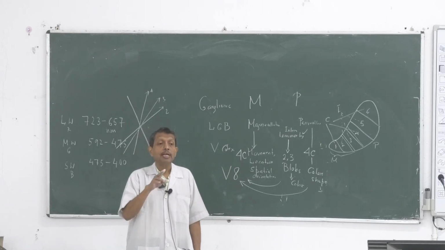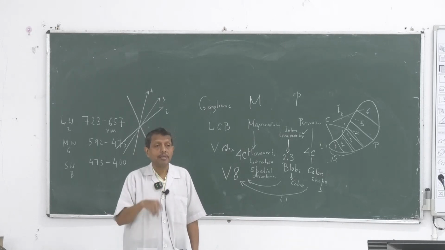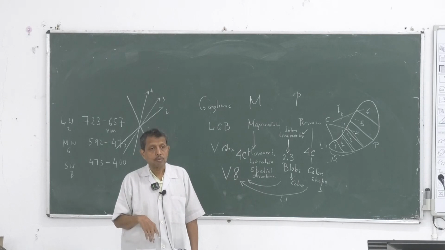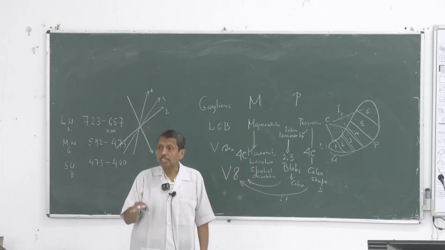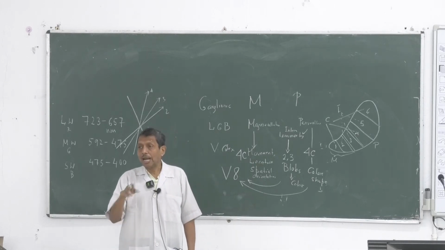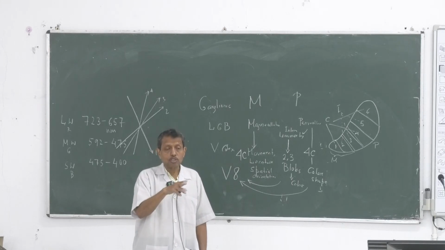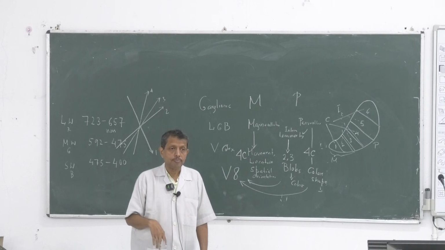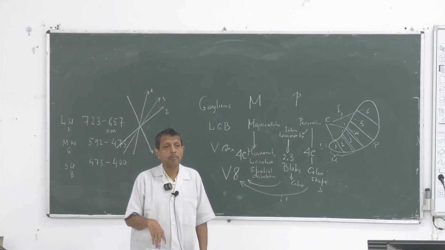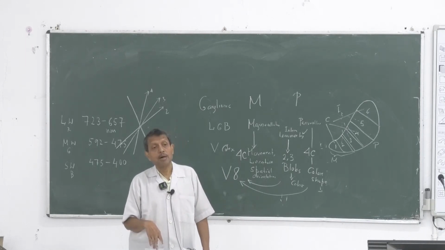The dorsal pathway is primarily for movement and location, and the ventral part is for the shape, color, the face of the individual, shape, and it is the ventral pathway.